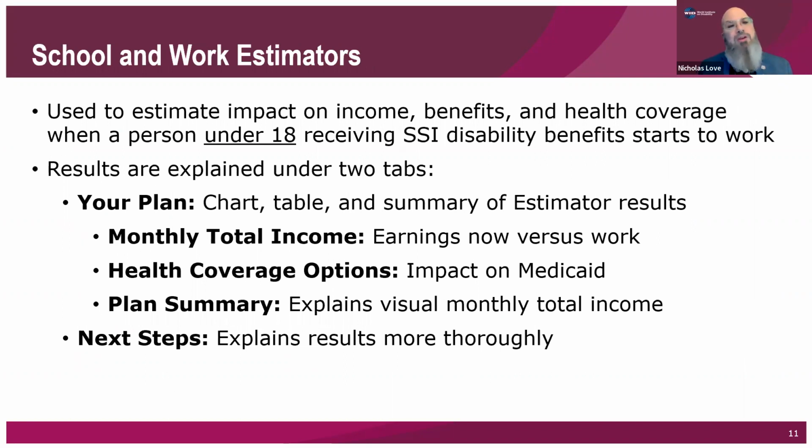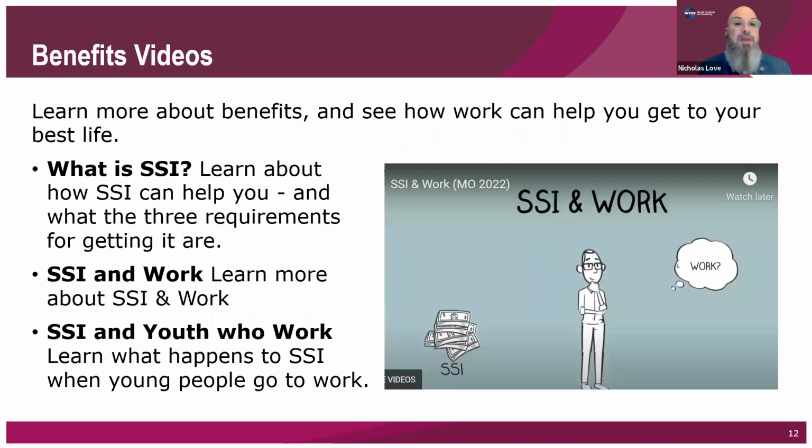In the school and work estimator, we talk about your plan, the monthly income changes, and there's next steps to help you go through. Again, there's videos throughout. There's a video tab, but there's videos embedded in the proper places when you go in. So there's videos on what is SSI, so understanding SSI, or understanding what's going to happen to SSI when you go to work, and what about SSI and young people who go to work.